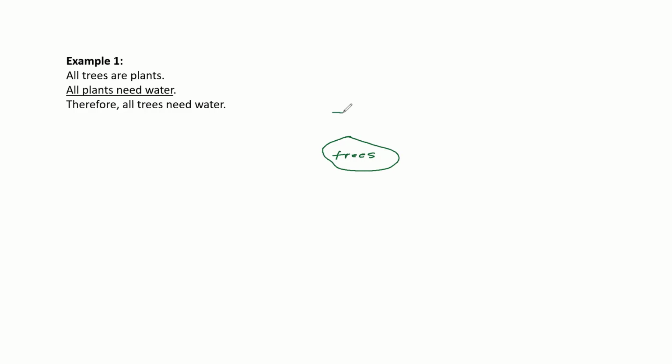So it's a bigger, wider circle that holds all the plants. And now notice anything that's a tree will also automatically be a plant. So this is the diagram for all trees are plants.